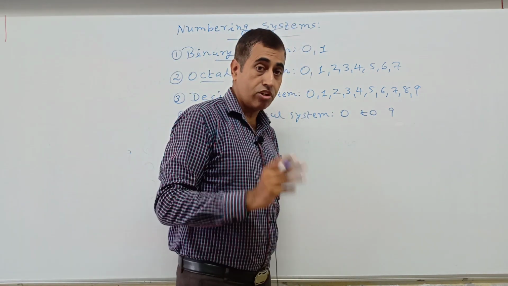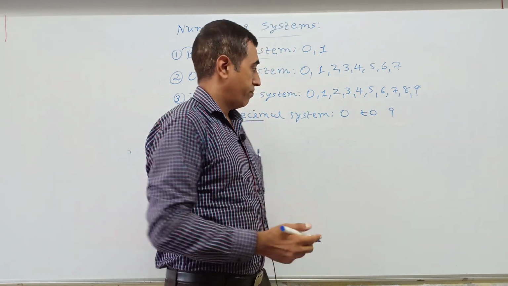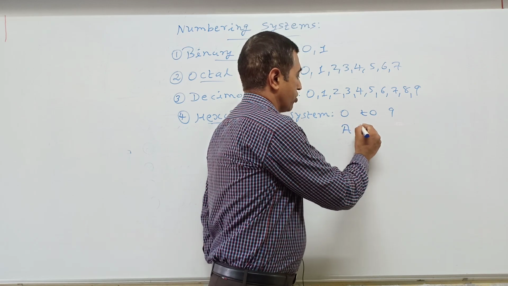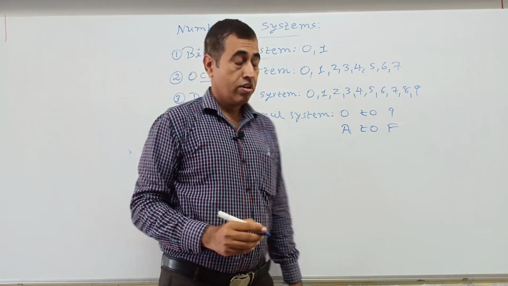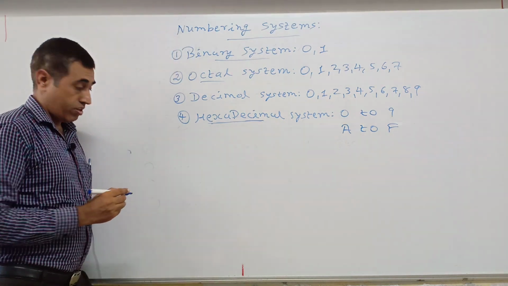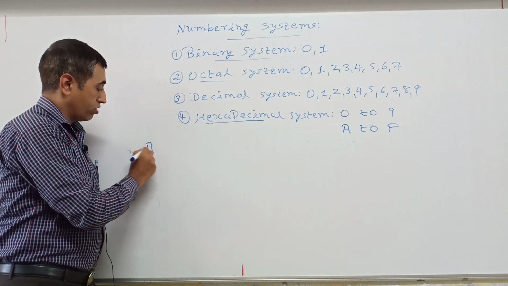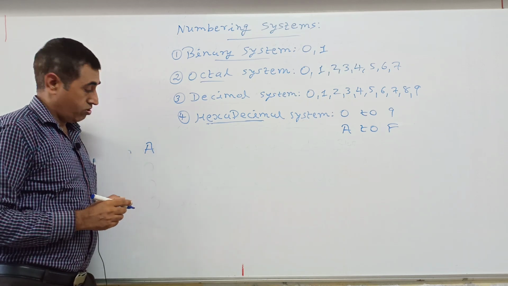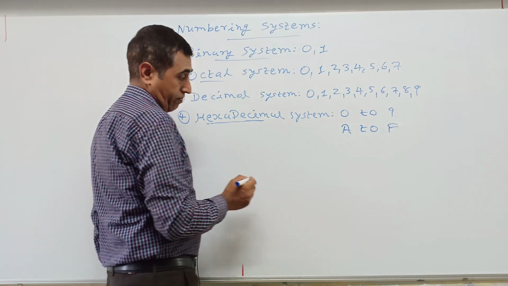So these are the individual digits, and from 10 to 15, we can represent A to F. So if you want to display 10 in hexadecimal, then you have to write A. So here in hexadecimal, A means 10.